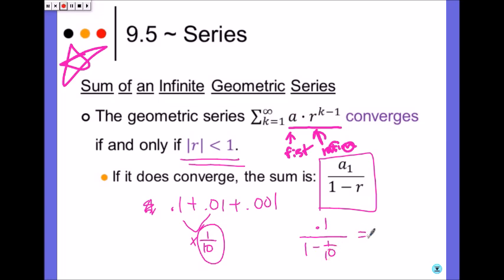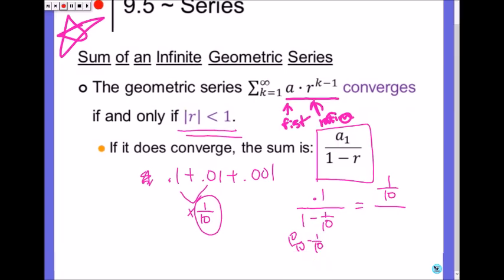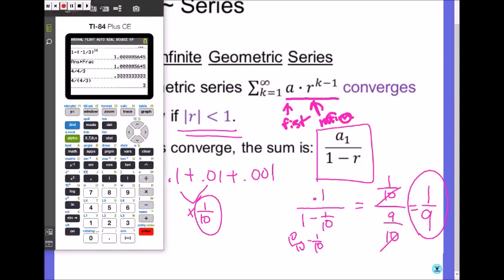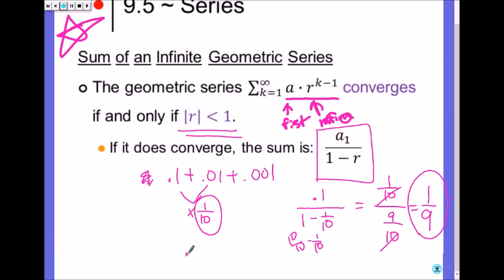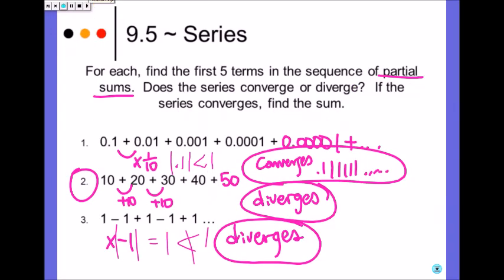The first term is 1/10, or 0.1, and 1 is 10 over 10 minus 1 over 10, which equals 9 over 10. So when you simplify it, you get 1 over 9. What is 1 over 9 on the calculator? 0.111111, which we got as our answer, right?